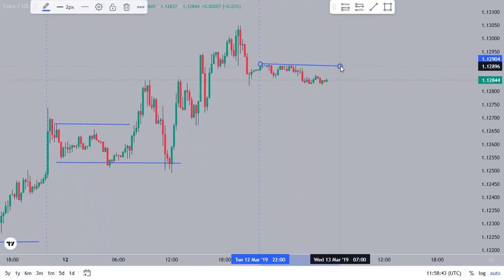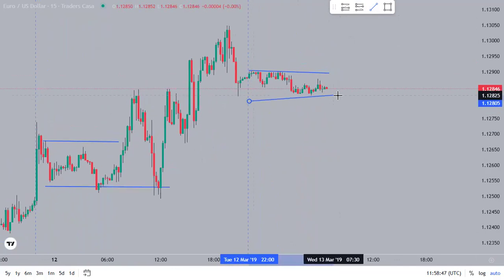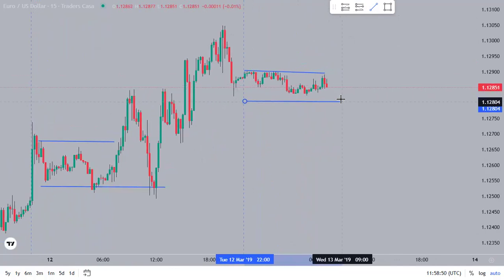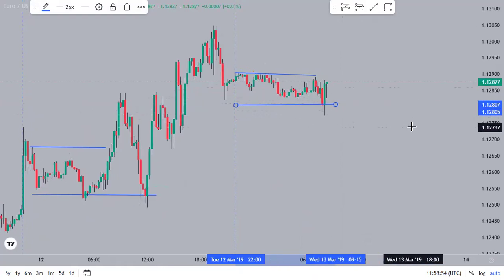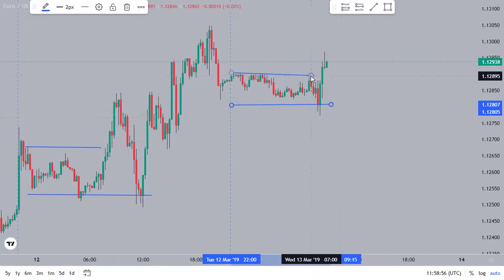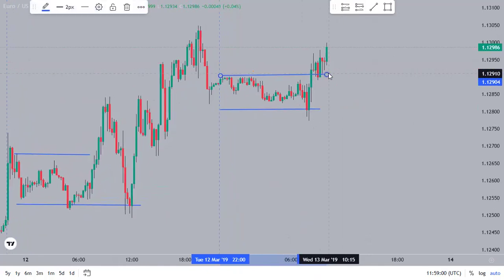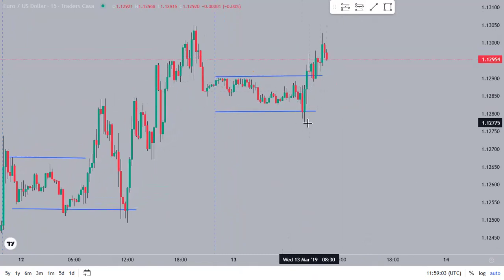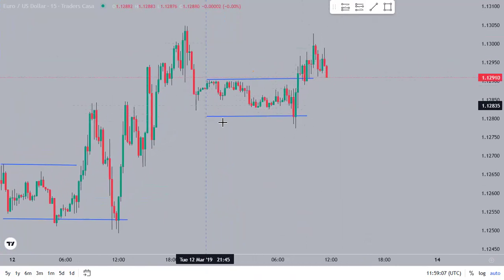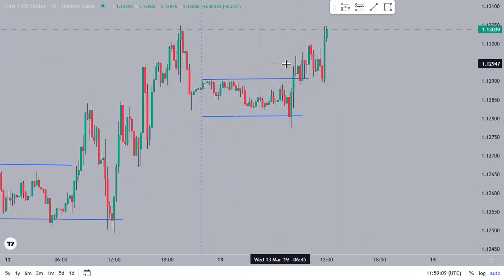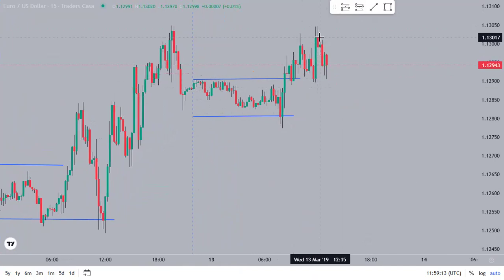When the day starts, it usually starts with a consolidation. You can see it for a few hours, and then the market continued with the trend. So this was a consolidation, and we are on a bullish trend right now.